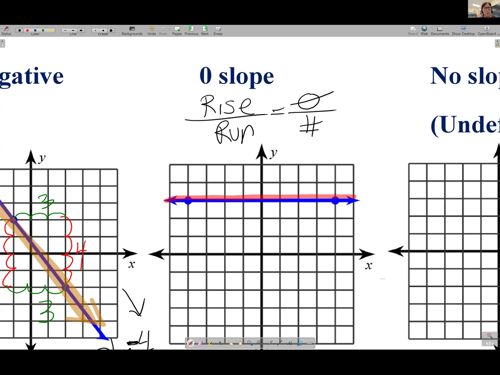We know 0 over anything is just 0. So a horizontal line has 0 slope. The way I remember it is I make a 0 like this, make my arm horizontal like you're looking through a spyglass, 0 slope. 0 is a number. 0 over anything is just 0.